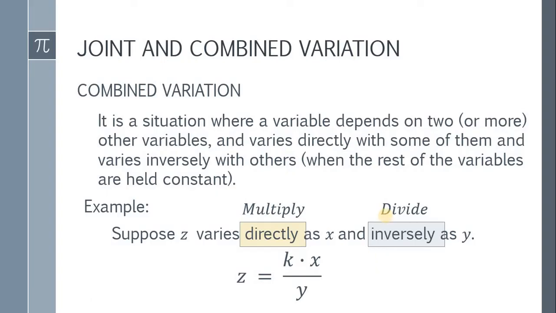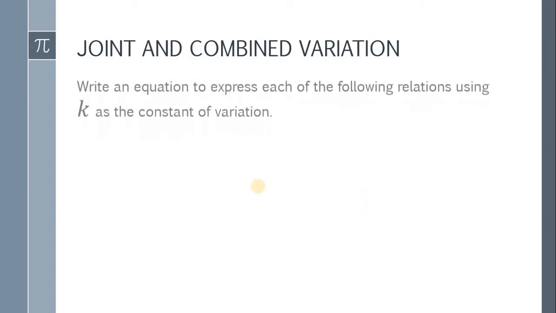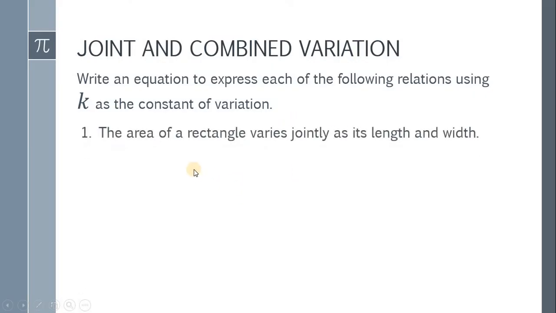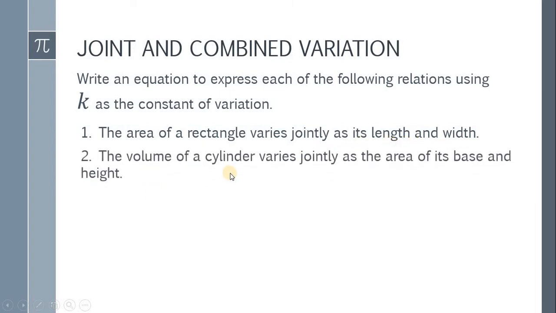Now, let's have some examples. Write an equation to express each of the following relations using k as the constant of variation. Number 1, the area of the rectangle varies jointly as its length and width. Number 2, the volume of a cylinder varies jointly as the area of its base and the height.